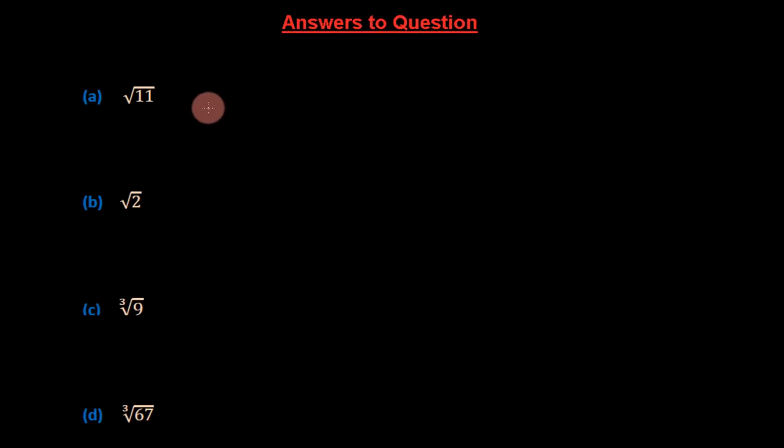So here we have to say between which two whole numbers each of these irrational numbers lie. In A, we have the square root of 11. Now, when we have a square root in this context, it really helps to list the first few perfect squares.